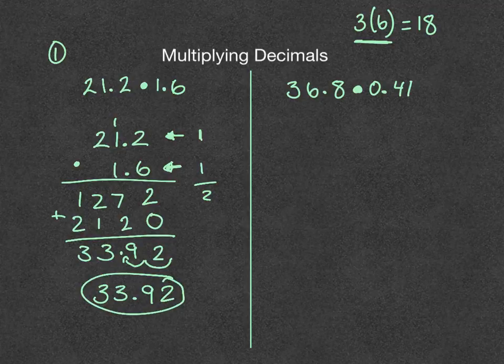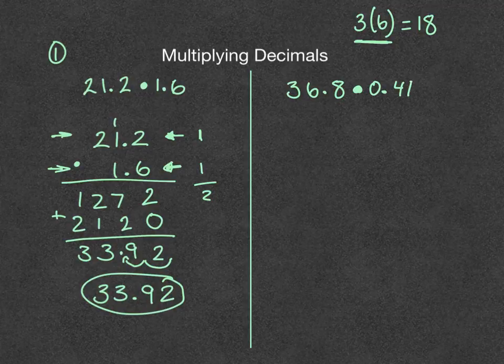And this makes sense, right? Because we're multiplying a number that's a little bit more than 20 times a number that's a little bit more than 1. So if this was 20 times 1, our answer would be 20. If we're a little bit higher than 20 and a little bit over 1.5, we know that our answer has to be somewhere between 20 and 40, since that would be 20 times 2, and 33 and 92 hundredths is in that ballpark.